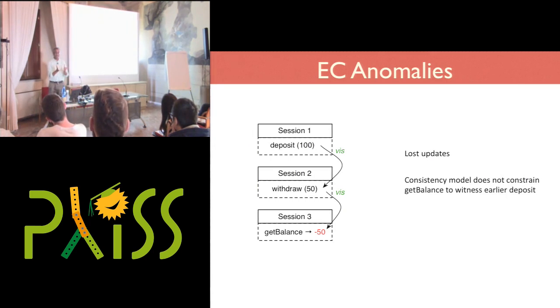The get balance sees the 50, but hasn't seen the 100 yet, because that deposit hasn't found its way to the replica that session 3's operation is being sent to, so we get a negative balance again. Even though this should be allowed, there is in fact enough money in the bank, but we'll get an overdraft error message. So this is a lost update problem. This can also manifest as a consequence of the very weak model that we've propagated.